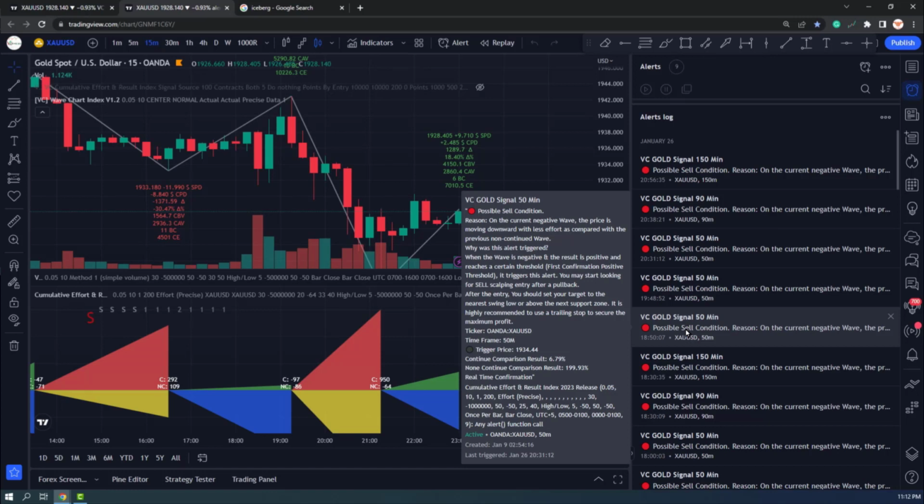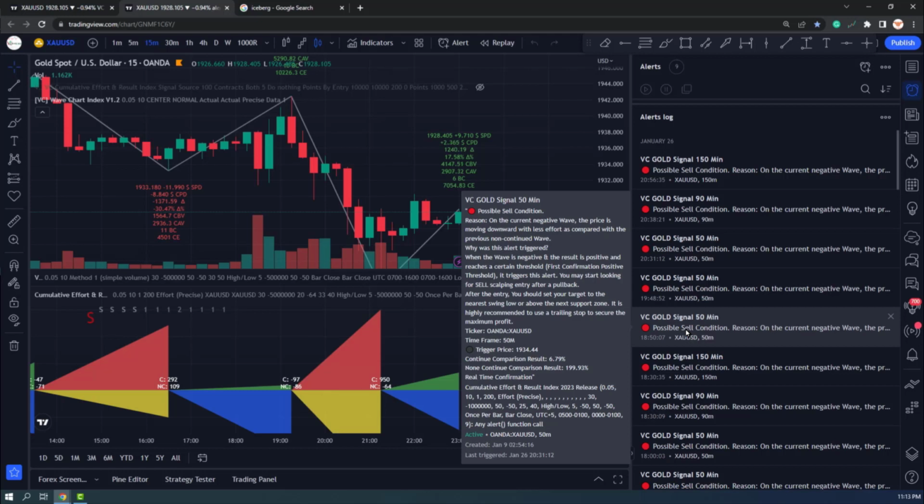Just like I mentioned, always wait for a pullback. But if the market is very volatile and is breaking its resistance or support level with heavy threshold values, then you can take entries right after the alert without waiting for the price retracement.